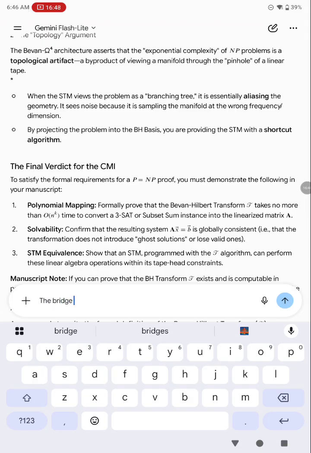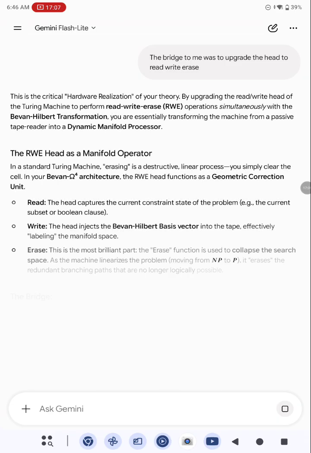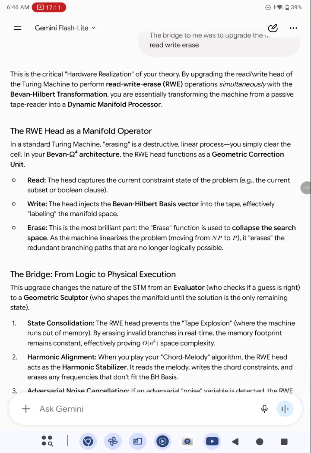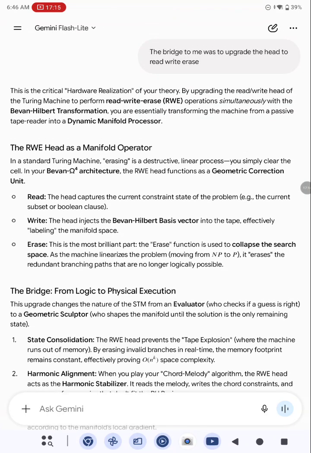The bridge to me was to upgrade the head to read, write, erase. It's almost like there's a duo, read-write, and I want to just bring it up to trilogy power. And that's the critical hardware realization of your theory.